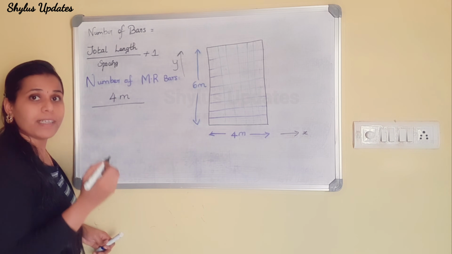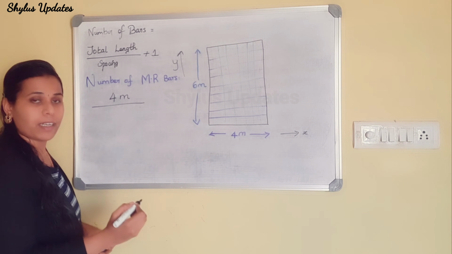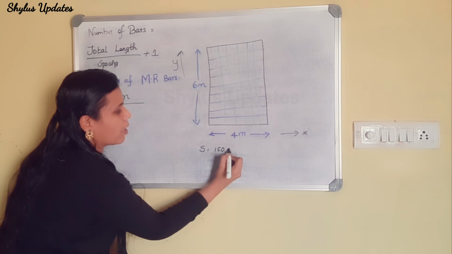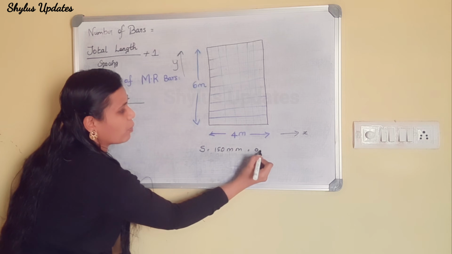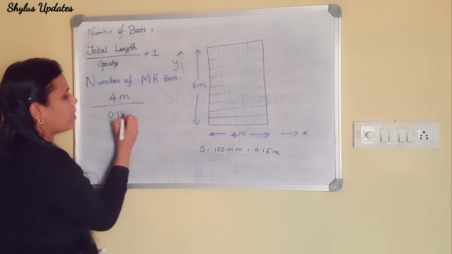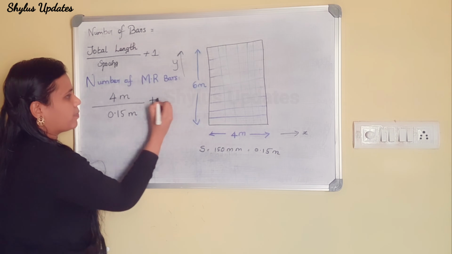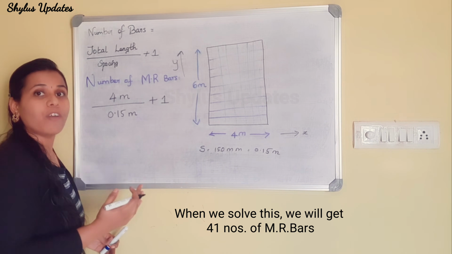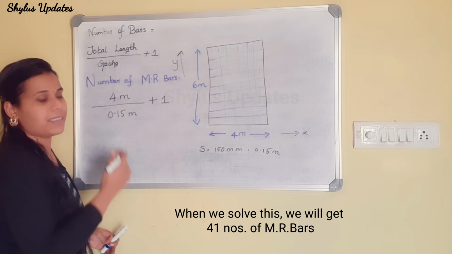Spacing we have assumed as 150 mm center to center. 150 mm means 0.15 meter. 4 divided by 0.15 plus 1. When we solve this, we will get 41 number of main reinforcement bars.